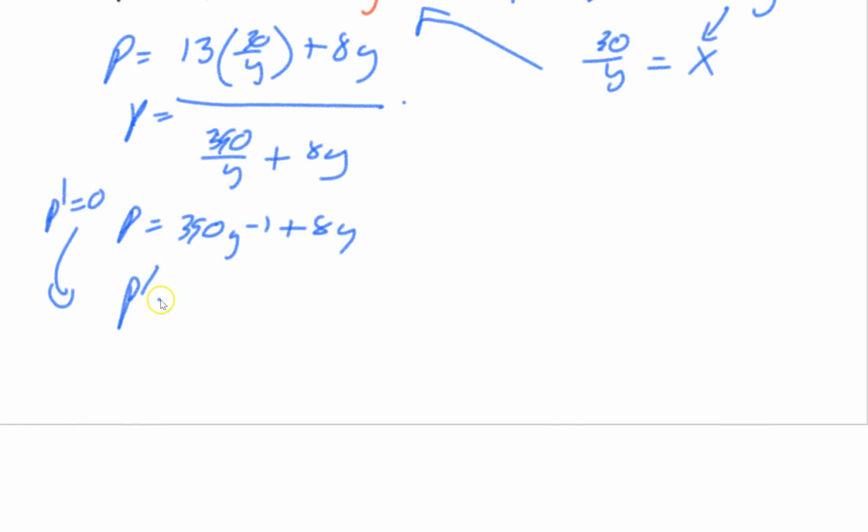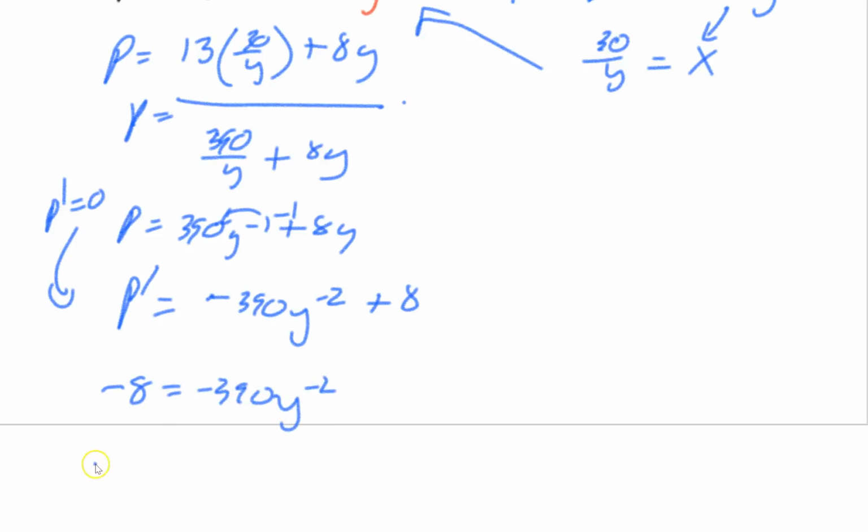So P prime equals, now y to the negative 1, I'm bringing it down, subtracting 1 off. So negative 390y to the negative 2 plus 8. Subtract it: negative 8 equals negative 390y to the negative 2. Just do some mathematics. Negative 8 equals negative 390 over y squared.